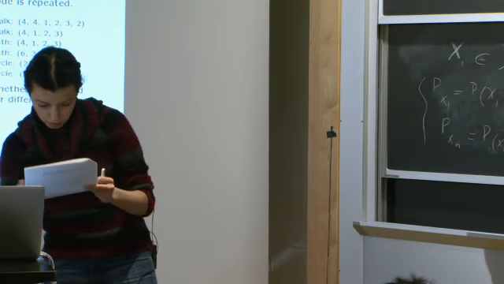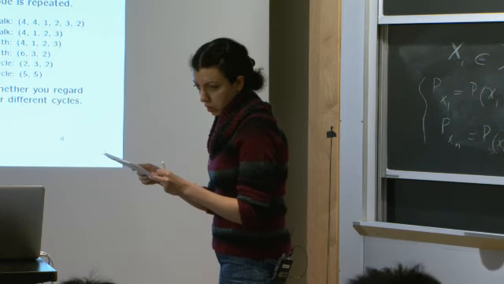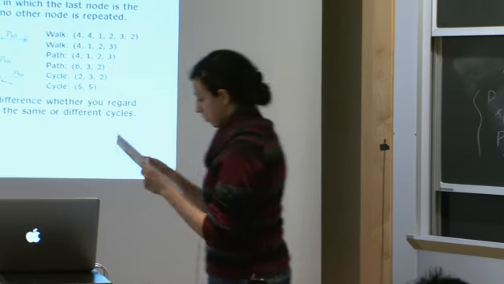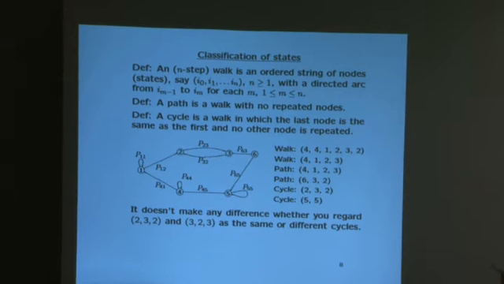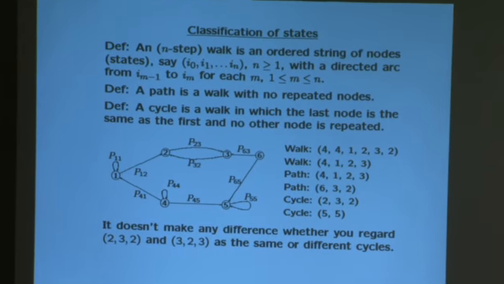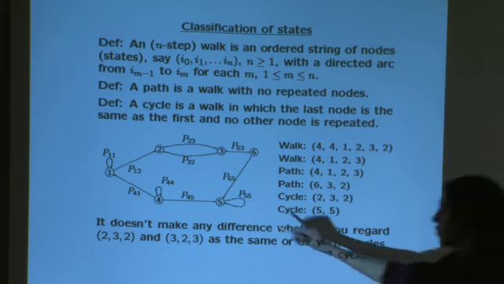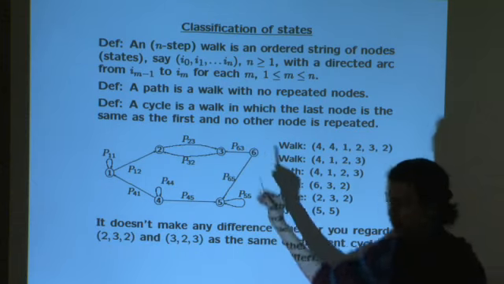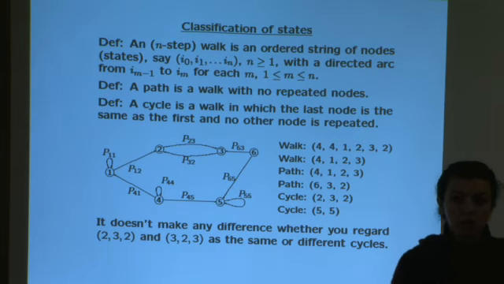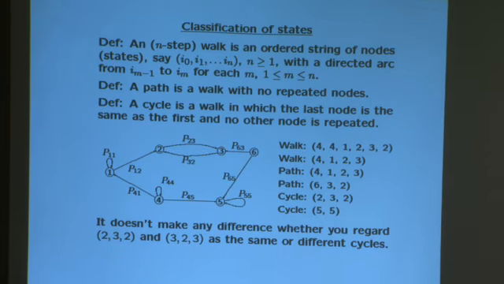Now here, let's look at some examples. Is node 3 accessible from node 1? You see that there's a walk like this, 1, 2, 3. So there's a positive probability of going to state 3 from node 1. So node 3 is accessible from 1.